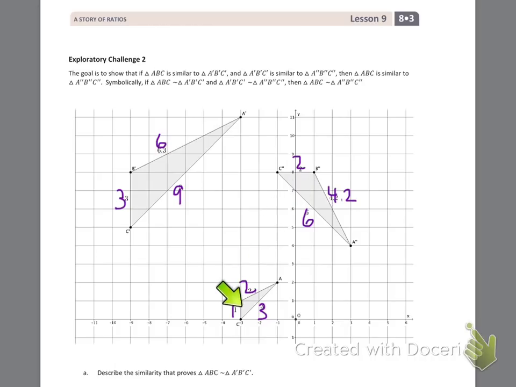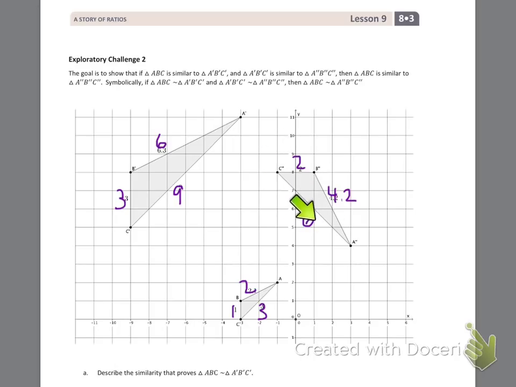So we're going to take this one, map it to here. Then we're going to have a separate sequence that takes this to map it to here. And then in the third, we're going to see if we can take ABC and map it to A double prime, B double prime, C double prime.